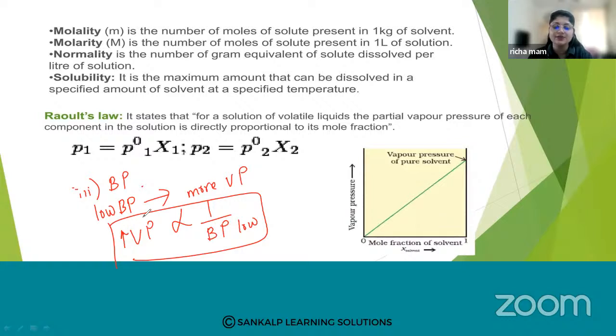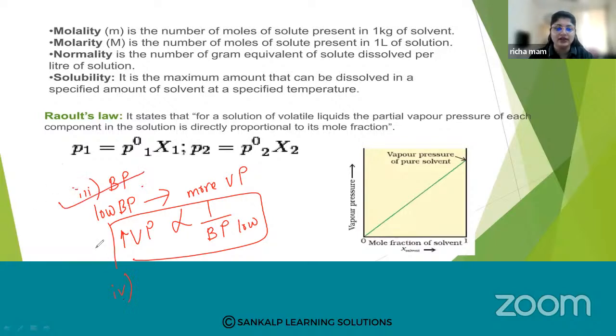As you know, a low boiling point liquid can be easily converted into gaseous form. Vapors are more, then vapor pressure will be high. So this is the third point.